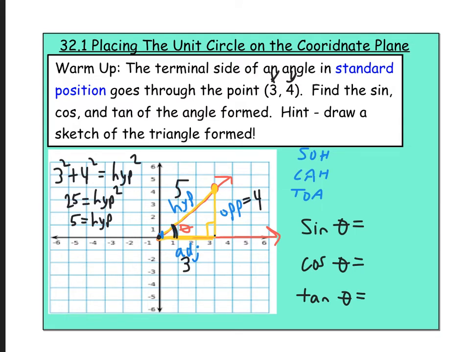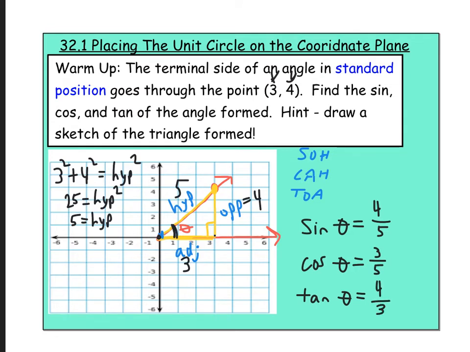We could find it on a calculator, but we don't need it. This one just says, what is the sine of the angle? So the sine of any angle is the opposite side over the hypotenuse. So in this triangle, the opposite is 4, and the hypotenuse is 5. Okay, cosine is always adjacent over hypotenuse, and then tangent is always opposite over the adjacent.